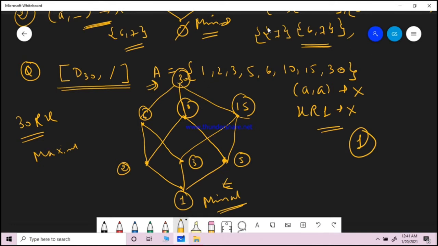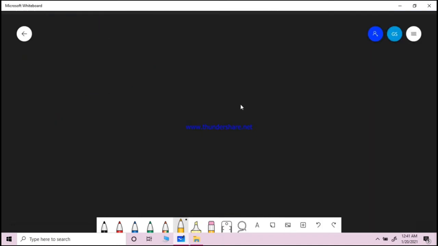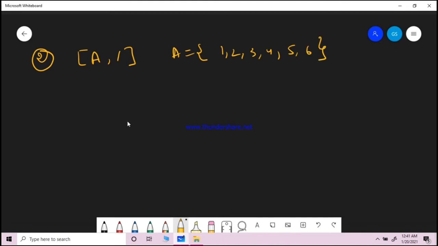But if this is the case, it is actually tough for you to identify the maximal and minimal element. Let's see this example, and this will make all the doubts clear. So this is the question where I have a poset, this is 1, 2, 3, 4, 5 and 6. Okay, and now I have to draw the Hasse diagram.